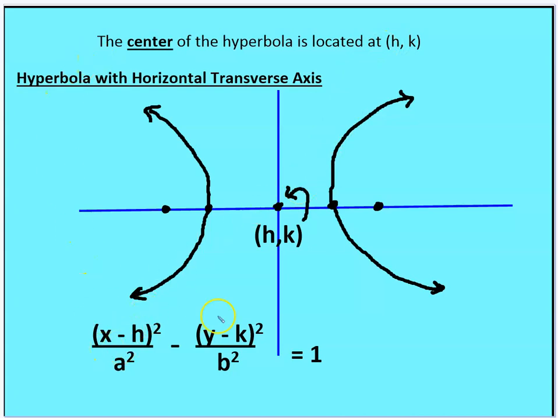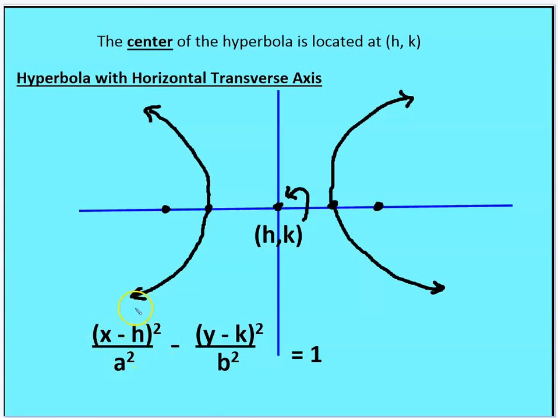So center here (h, k). With a horizontal transverse axis, you're going to have the a squared value underneath the x value and the b squared underneath the y. Now, the difference between ellipses and hyperbolas is that the a squared value for hyperbolas does not necessarily have to be the larger of the two values.